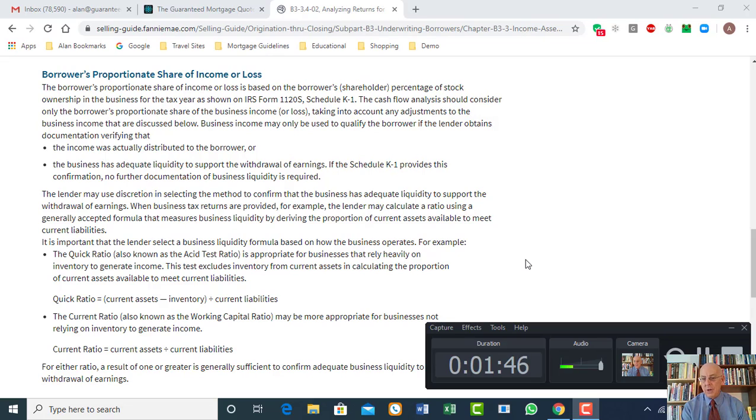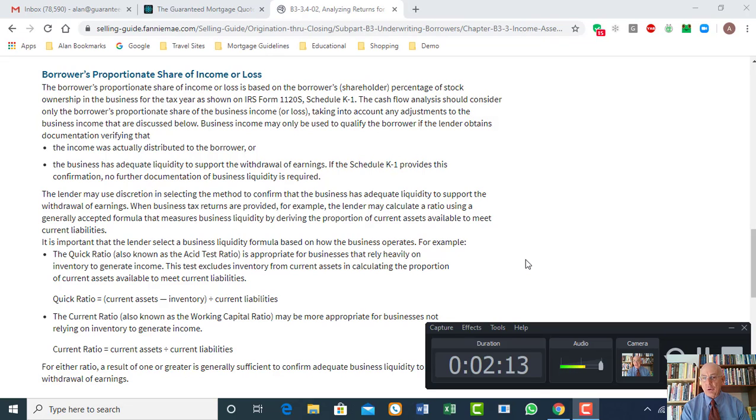What Fannie Mae doesn't really discuss, though, is when the business has to show liquidity. So if we have a borrower that has filed their 2018 and 2019 tax returns, and now we're looking at evaluating their income in 2020.